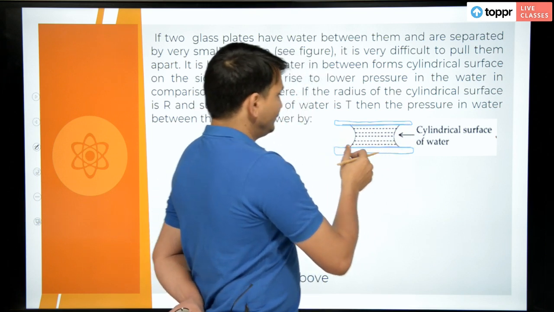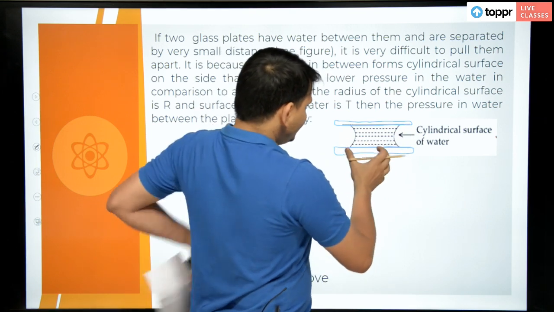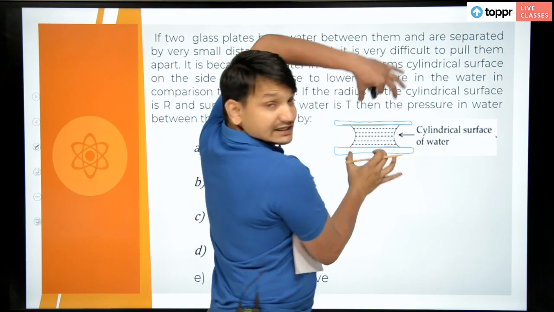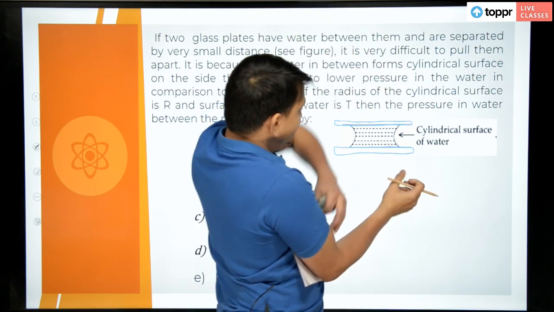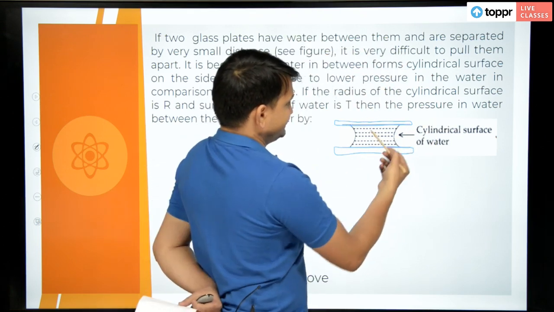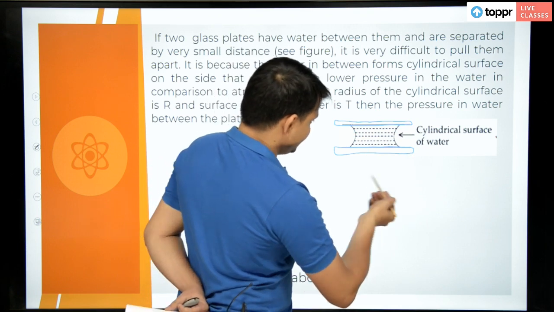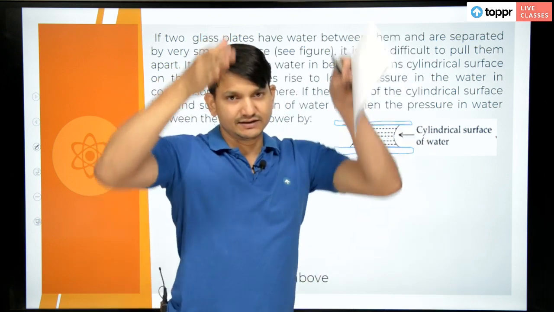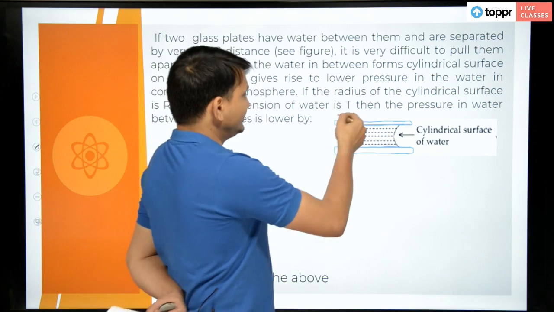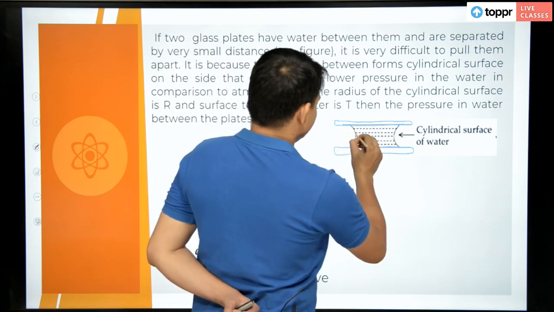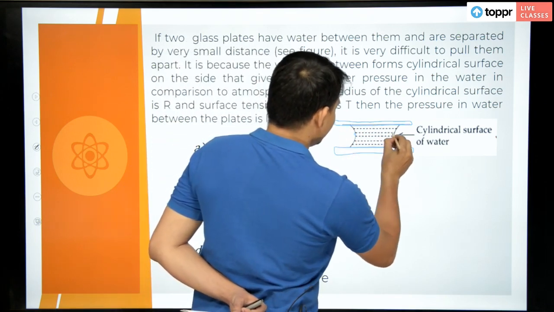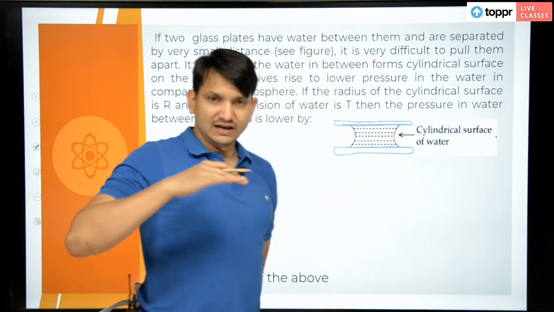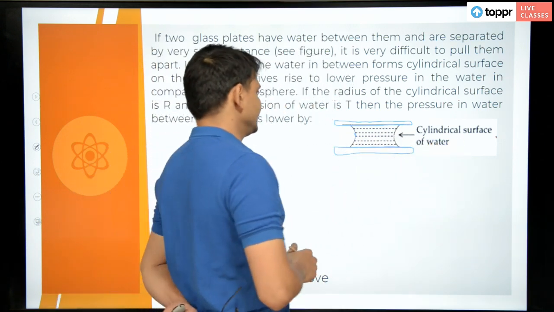If we try to pull out these two sheets, it forms a cylindrical surface. It is not exactly cylindrical, it is not vertical, but somehow it is related to cylinders. If you break it into several layers, they are cylindrical surfaces of water.